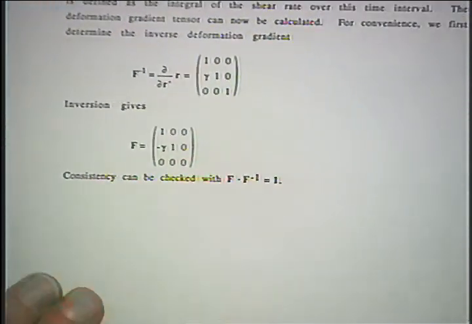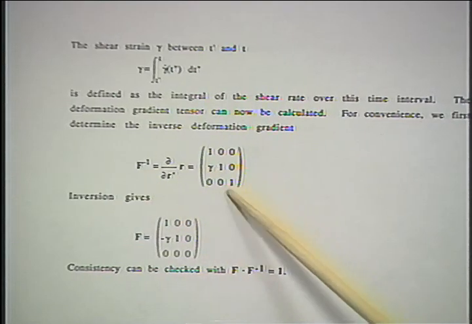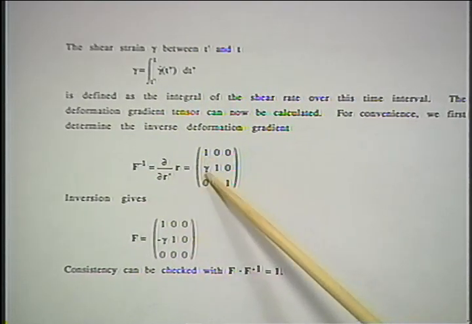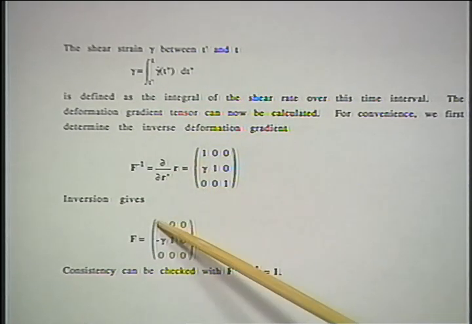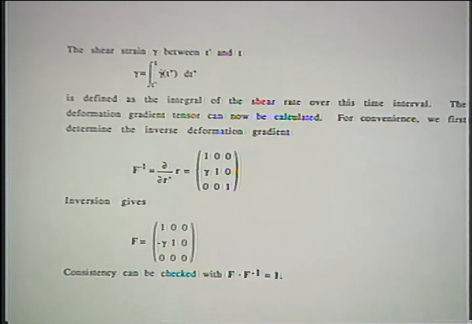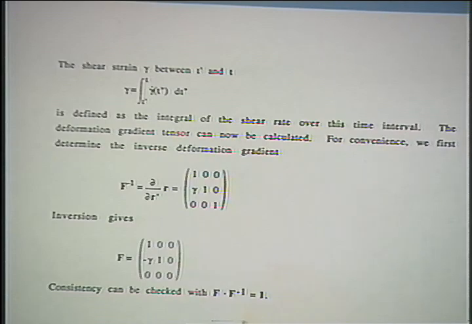Then you can rearrange that and find the deformation gradient tensor. It has the components 1, 1, 1, and it has gamma on the off diagonal. Inversion of that matrix gives you something similar, but it has minus gamma here in this case.